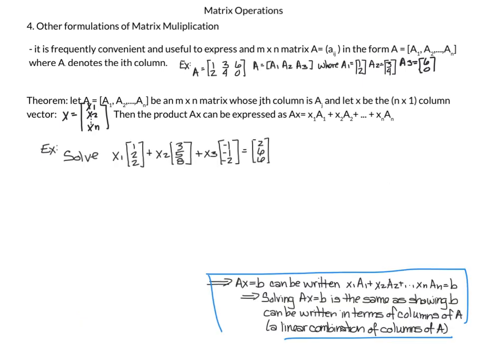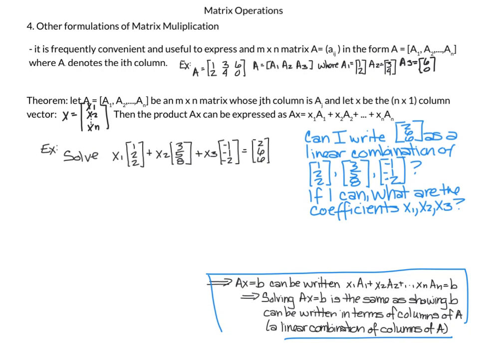And to look at another example of this, let's say we have column vectors 1, 2, 2; 3, 5, 8; negative 1, negative 1, negative 2, and we want to know what coefficients we can multiply each of these column vectors by in order to have the resultant vector 2, 6, 6.